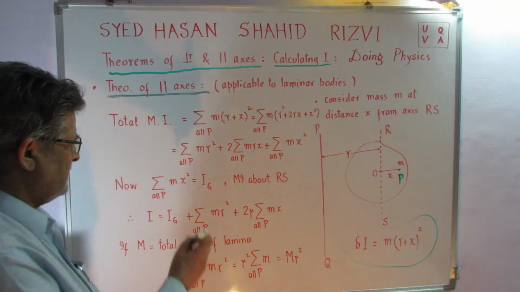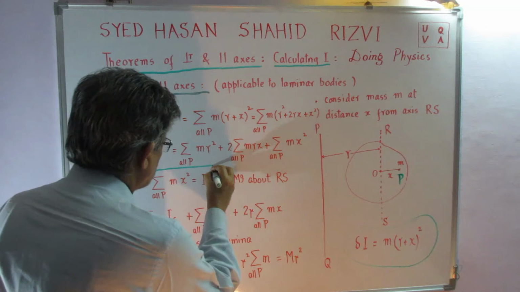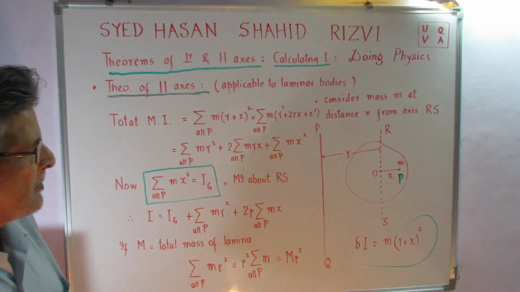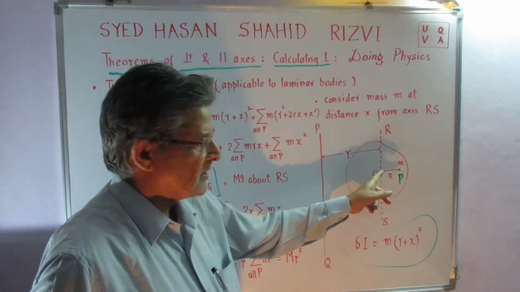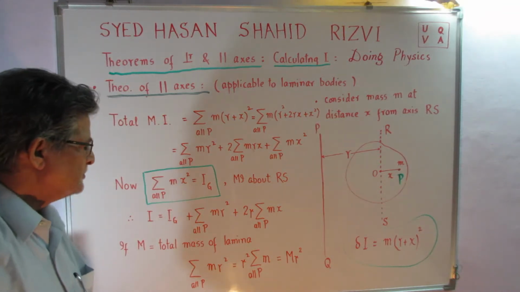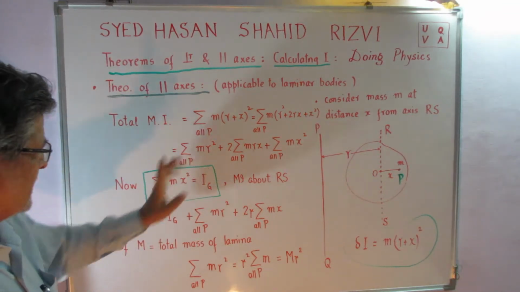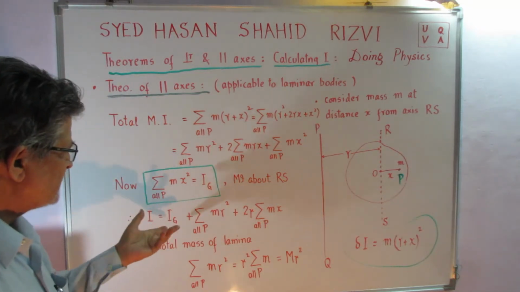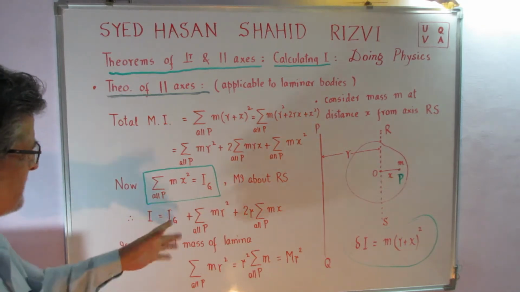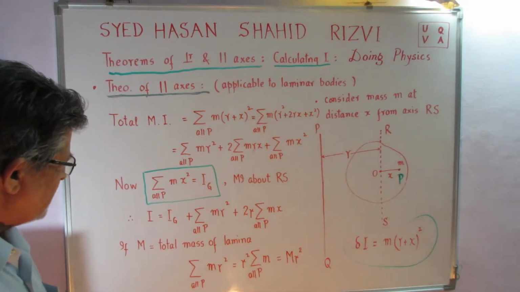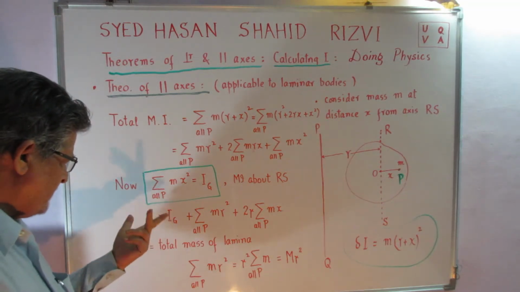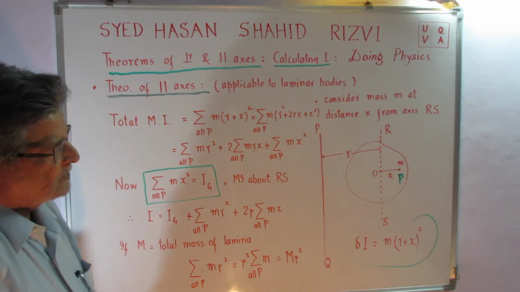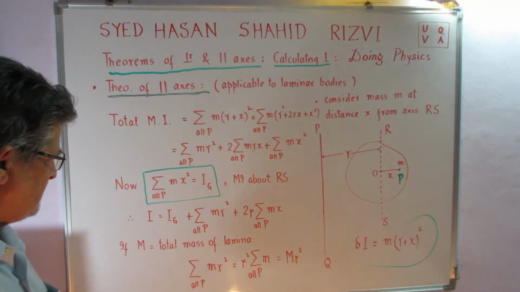Now we define that sigma of mx square for all these points is the moment of inertia about the axis passing through the center of mass of the body, by definition. So I write Ig for it. The center of mass is taken as the center of gravity, etc. Symbols don't matter; you can define any symbols of your own, but Ig is the symbol for the moment of inertia of the body through an axis passing through its center of mass.